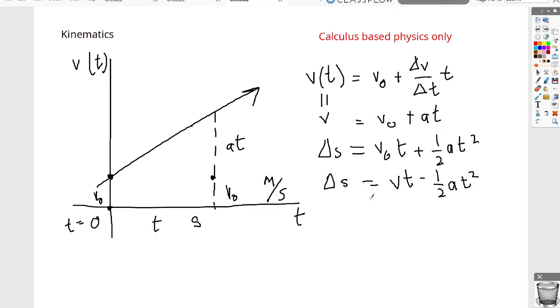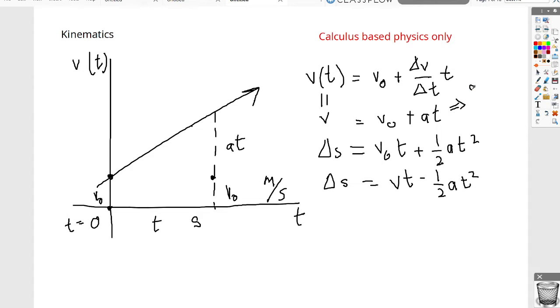Now what do we want to remove? Let's say we want to remove acceleration now. Okay, so we'll use this first equation. We want to remove acceleration, so let's solve for acceleration from this equation to see if we can have something that will remove it.